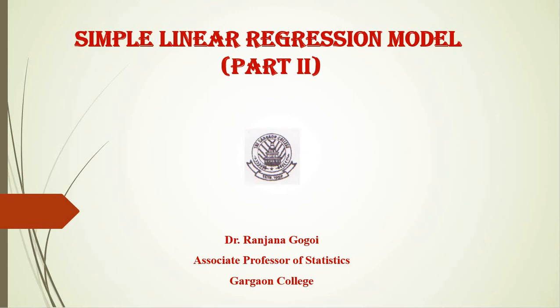In this video, I am going to present the second part of the simple linear regression model. In the earlier video, in part 1, I had introduced a two-variable regression model, which is generally known as the simple linear regression model, how the model is constructed, the assumptions attached with it, and how to estimate the unknown parameters beta naught, beta 1, and sigma square from the available sample observations.